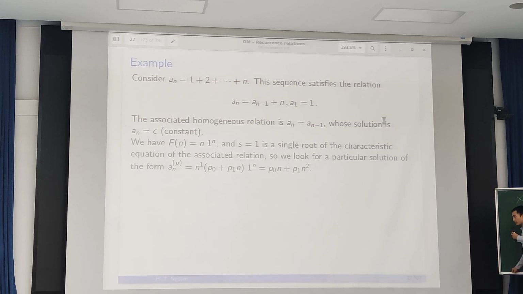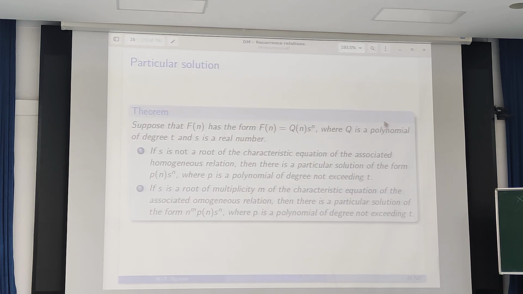So effectively, s is a root of the characteristic equation of the associated homogeneous relation. So we will look at the second case here. Okay. So it is a root of multiplicity 1.